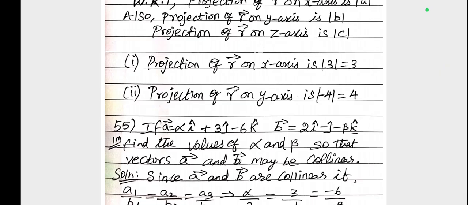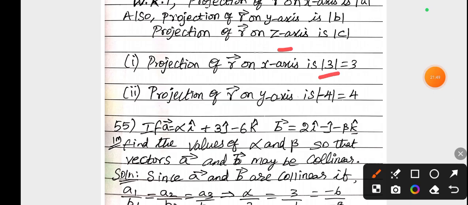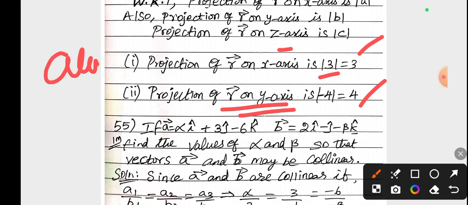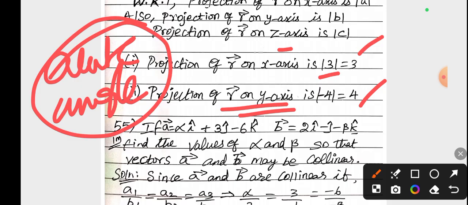So projection of the vector on x-axis is magnitude of A, so magnitude of 3 is 3. Projection of the vector on y-axis, magnitude of minus 4, so 4. So projection will be positive only, children, whenever the acute angle is coming. When the angle is acute, then the projection is positive.